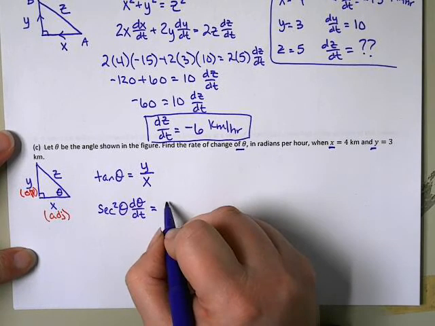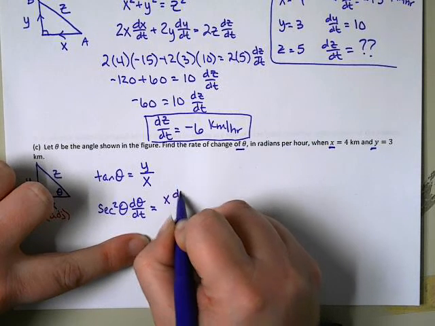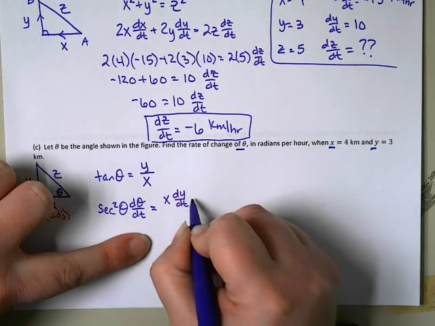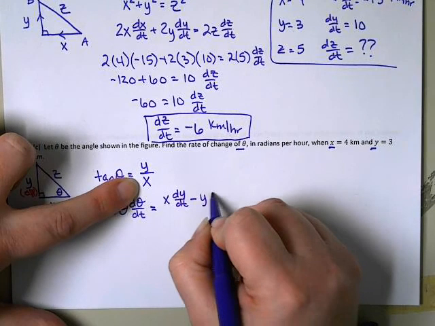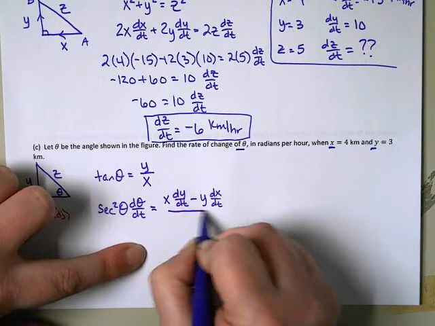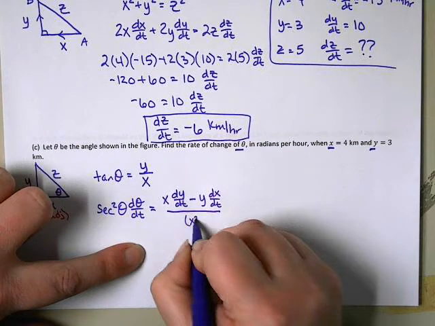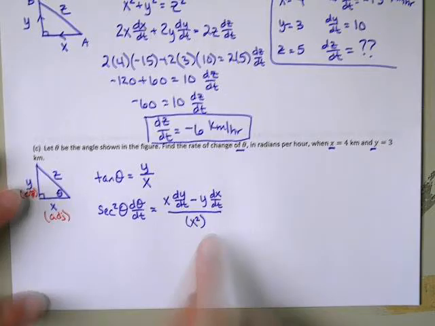So low d high minus high d low, so low d high is going to be dy dt, minus high, which is y, d low, dx dt, all over low squared. So that is actually what we get when we take our first derivative, okay?